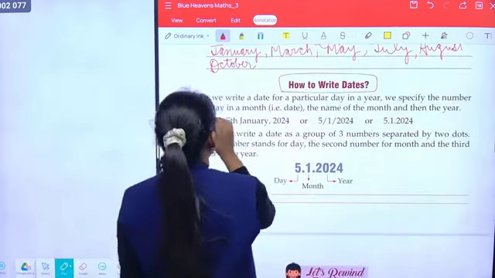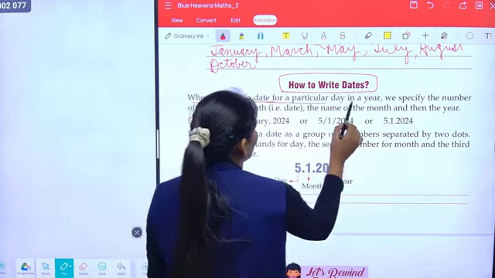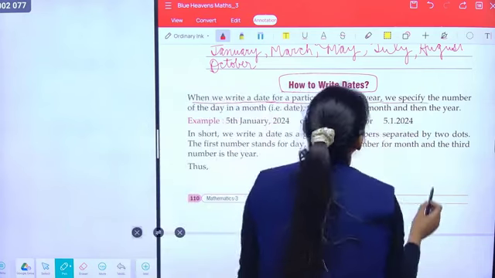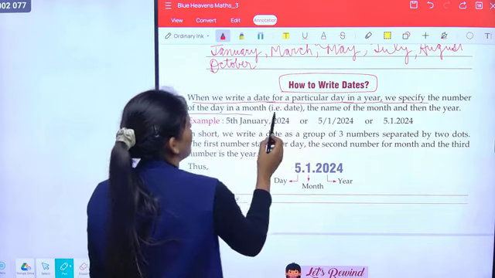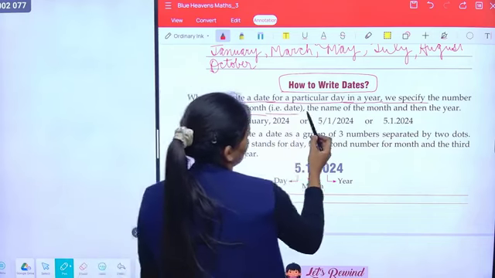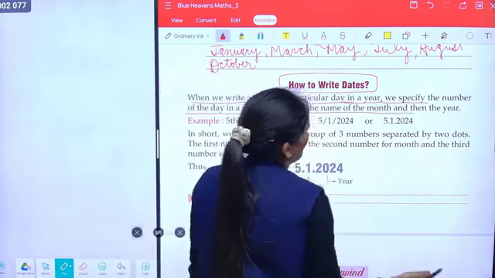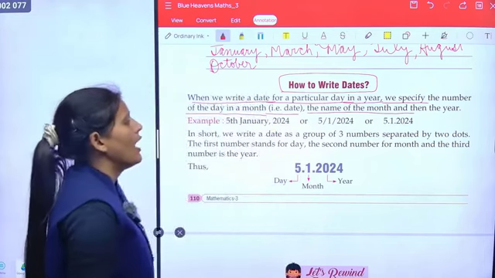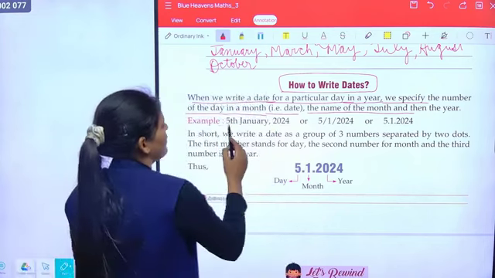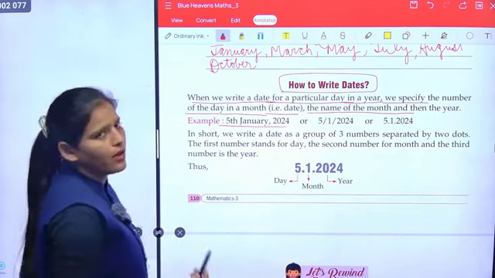How to write dates? When we write a date for a particular day in a year, we specify the number of the date in a month, that is date, the name of the month, and then the year. Example, 5th January 2024.